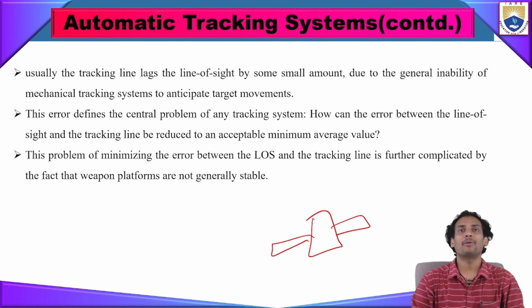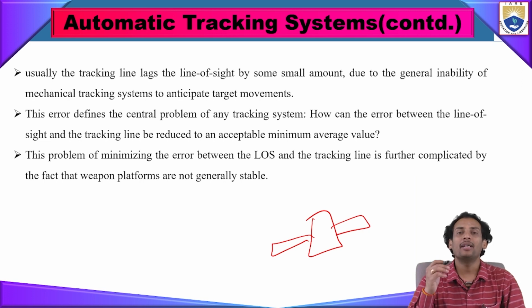So this problem can be minimized, minimizing the error. The errors define the central problem in any tracking system. So how can we overcome that line of sight error and the tracking line error to reduce it to an acceptable minimum average value? This is further complicated by the fact that weapon platforms are not generally stable.